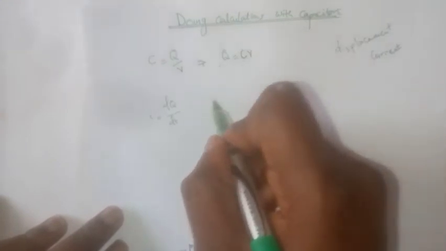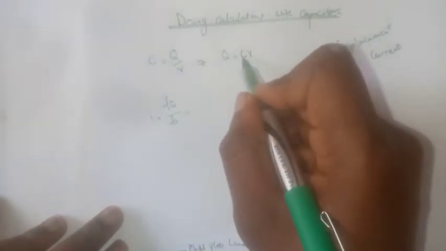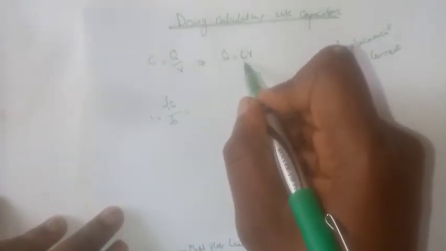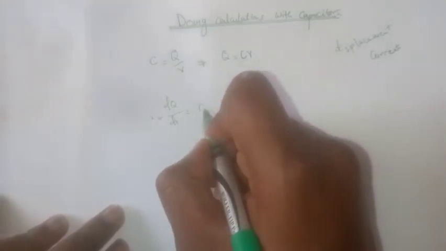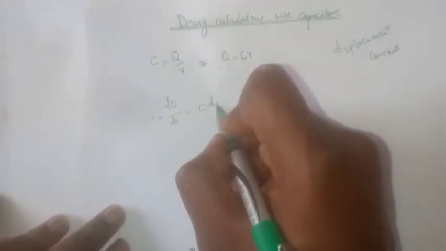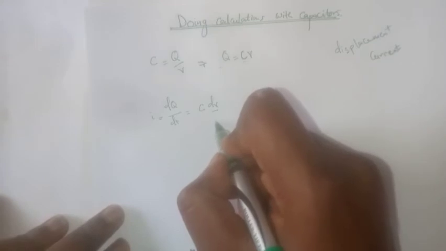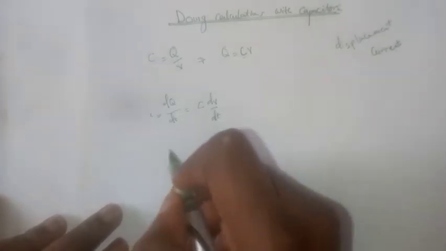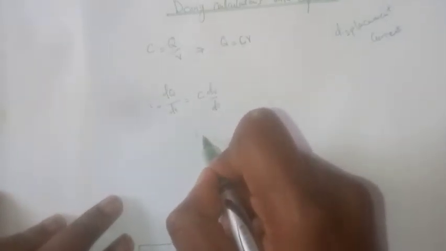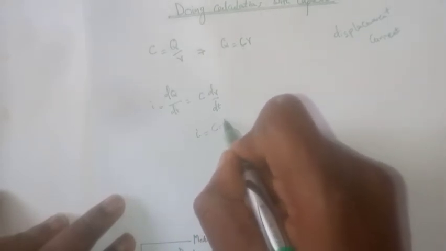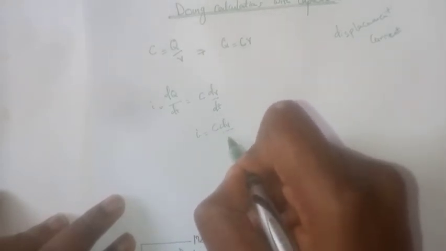So if we differentiate both sides, since capacitance is constant, we would have it that I is equal to C dV/dt. So that means the displacement current I is equal to C dV/dt.